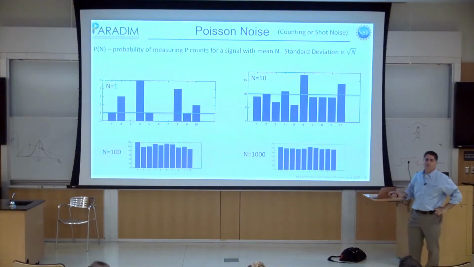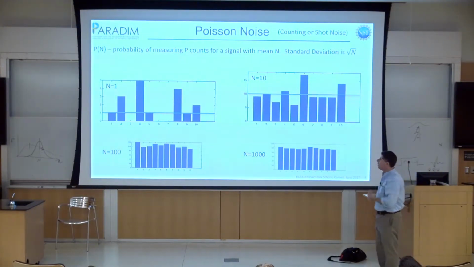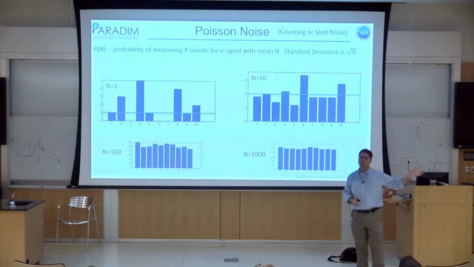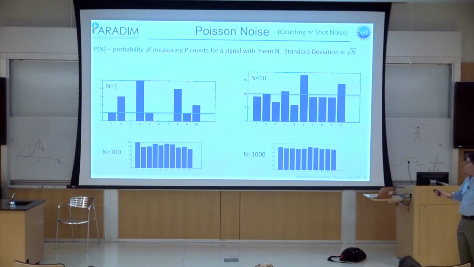This is intrinsic to the process of producing electrons. Electrons come out randomly. If you don't have enough electrons, you're going to have noise, no matter how good your detector is. This is a fundamental limit, and if you don't have enough electrons to begin with, nothing can save you.